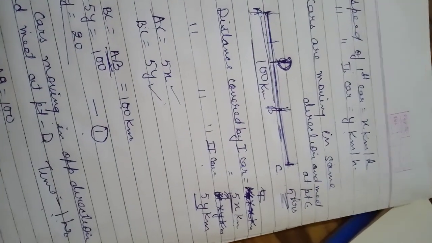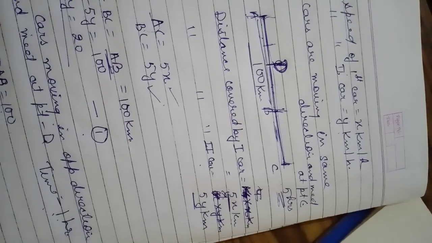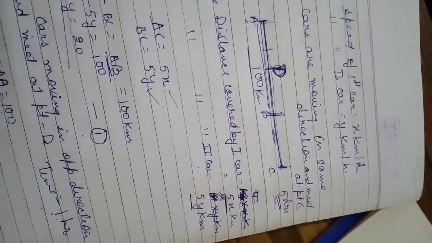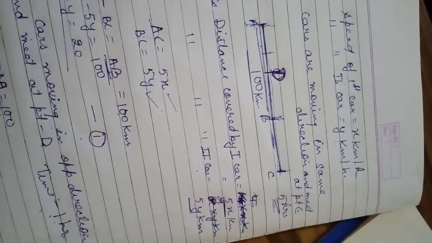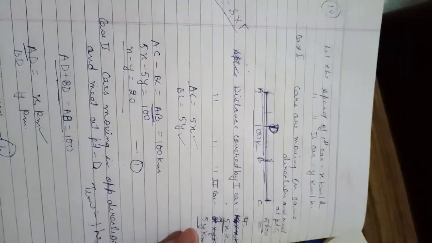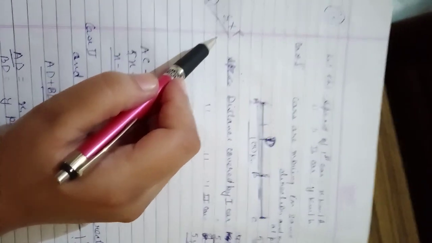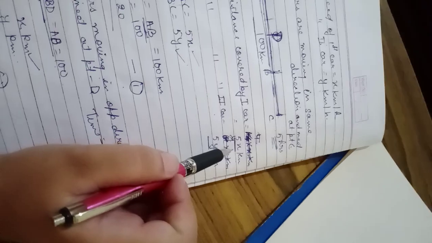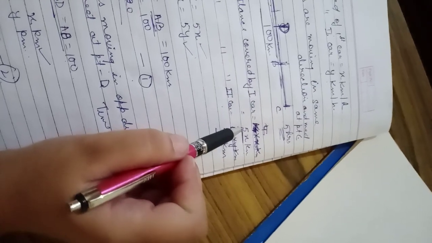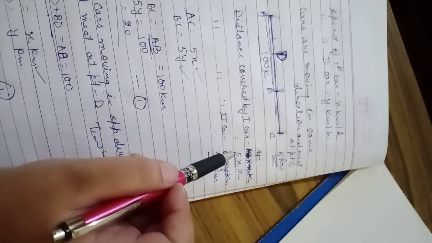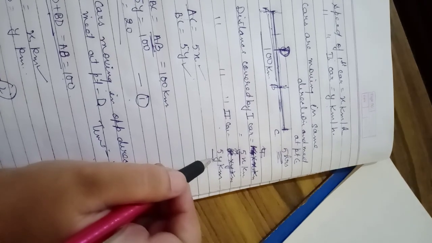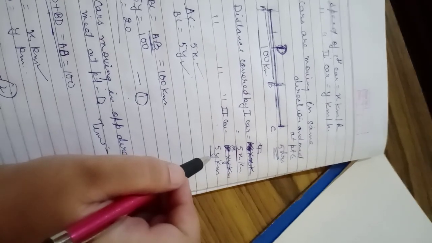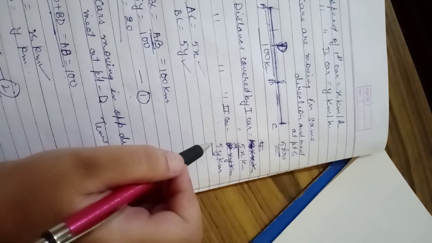So the total time taken is 5 hours and the speeds are X and Y. We can find the distance because distance is equal to speed into time. So the distance covered by the first car is 5x, because x is the speed and 5 is the time, and the distance covered by the second car is 5y.